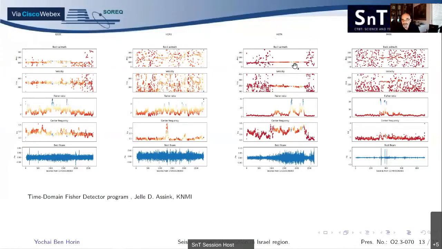You can see that there is something coming from this direction, and even here there is something coming from this direction. Again, it can be connected to the way that the seismic range is performing the explosions. This is our own infrasound station, which is collocated with Meron, and you can see the three explosions.